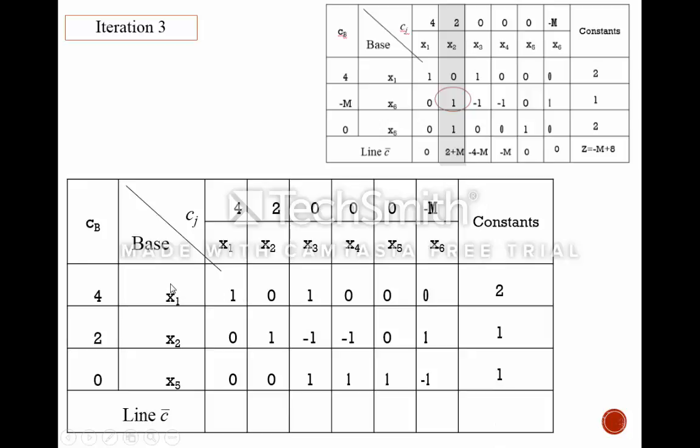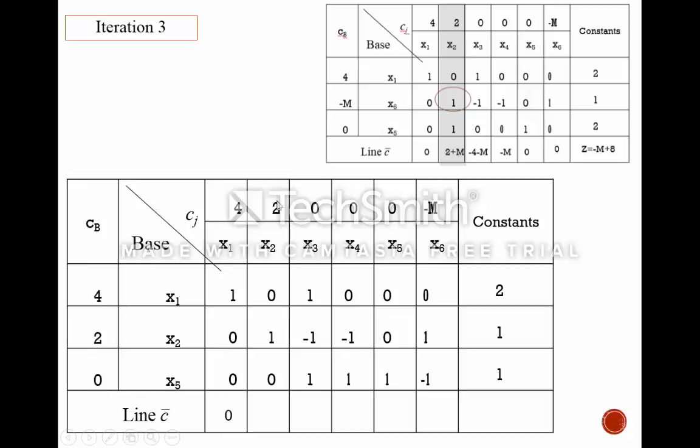We calculate like before for the row. So 4 minus 4 times 1, minus 2 times 0, minus 0 times 0, and the result is 0.